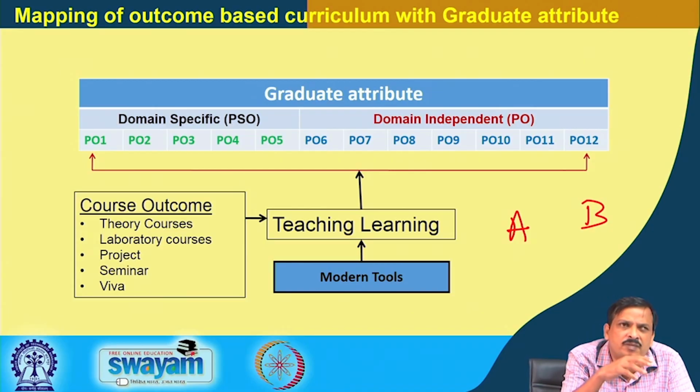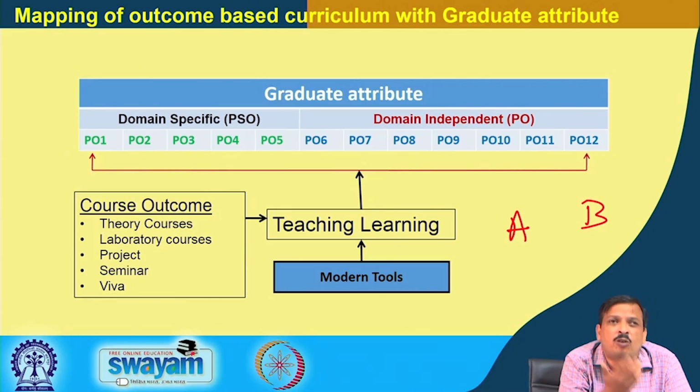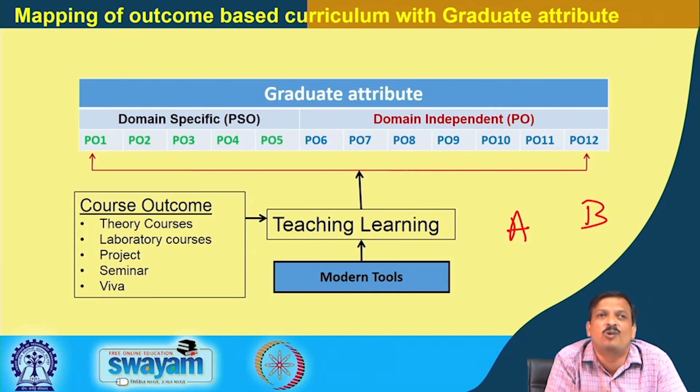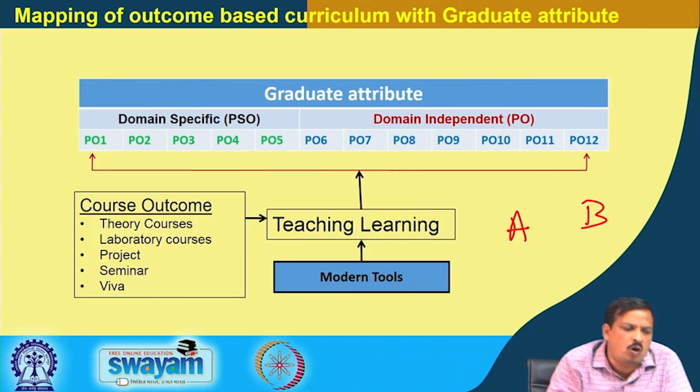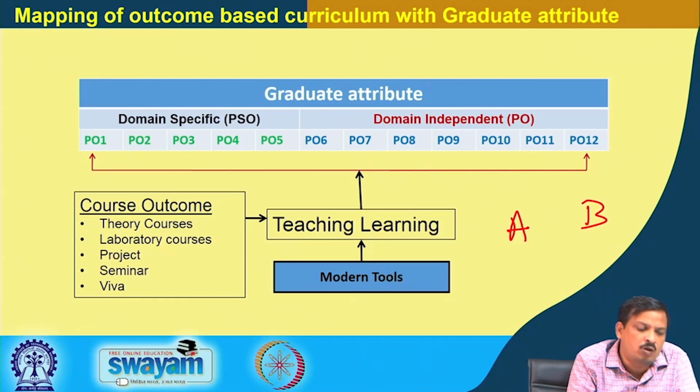Some skills also require a project, maybe design simulation may require a project, to develop the simulation skill, may require a lab also. So, not only theoretical courses, all courses I consider: laboratory courses, project, seminar, viva, all contribute towards the PO.